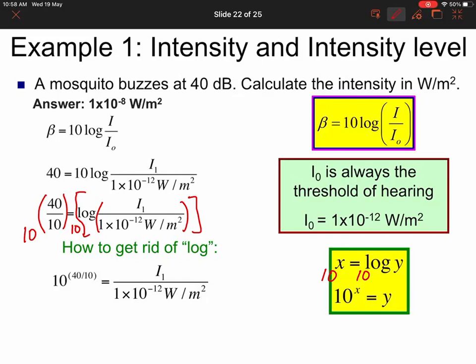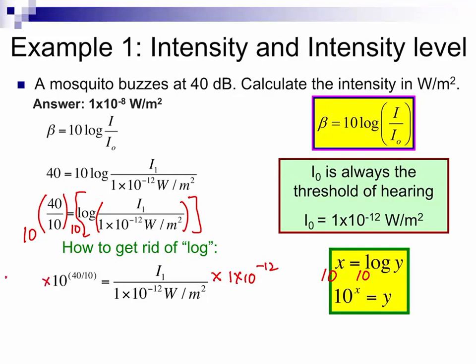It's a division, so you do the reverse of a division. If you multiply both sides by 1 times 10 to the minus 12, that will essentially cancel the denominator here.